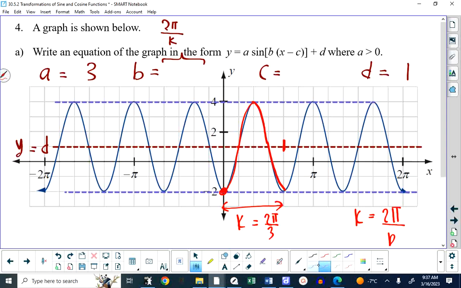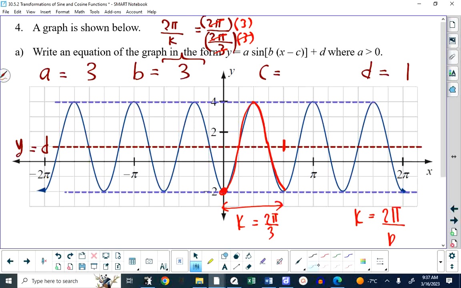If you use this idea, then you have 2 pi over 2 pi over B, over 2 pi over 3, which is the period. You multiply the top and the bottom of this by 3. The 2 pi's cancel, the 3's cancel, you're left with 3 for B.